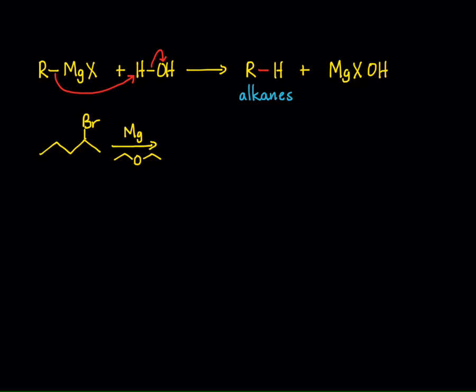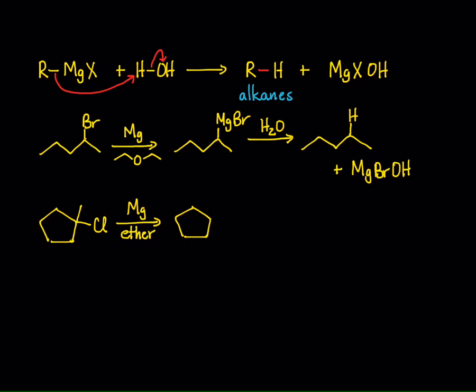Now, in this particular reaction, I don't mind if it reacts with it, right? Because I'm going to form my Grignard reagent. So then I'm going to react it with water and I produce pentane. So I took 2-bromopentane and I produced pentane out of it. And of course I produced my salts as well, right? My magnesium bromide hydroxide salt.